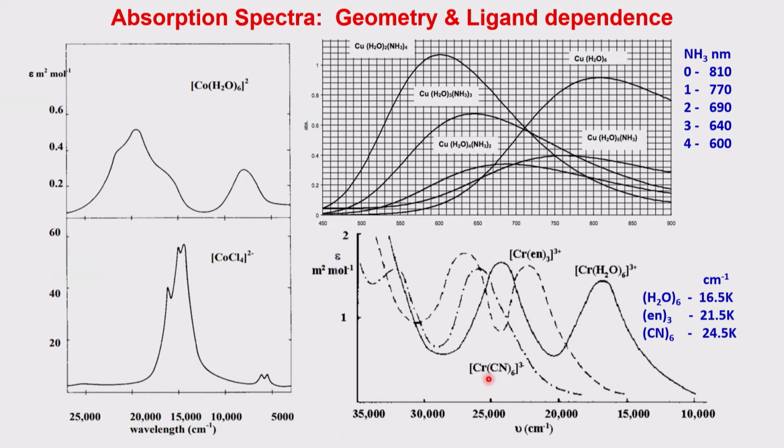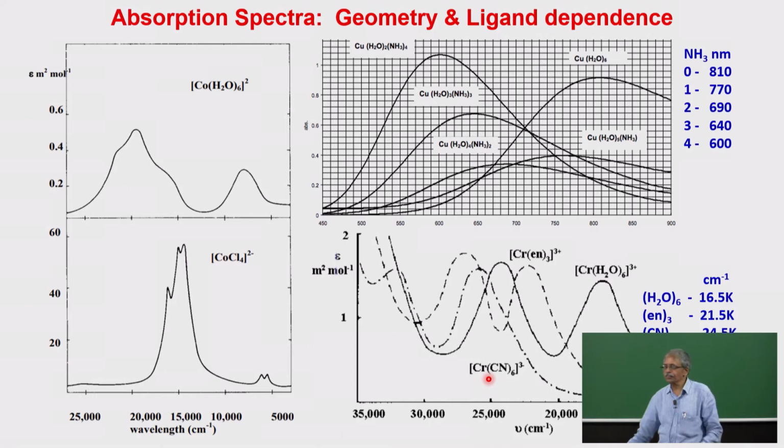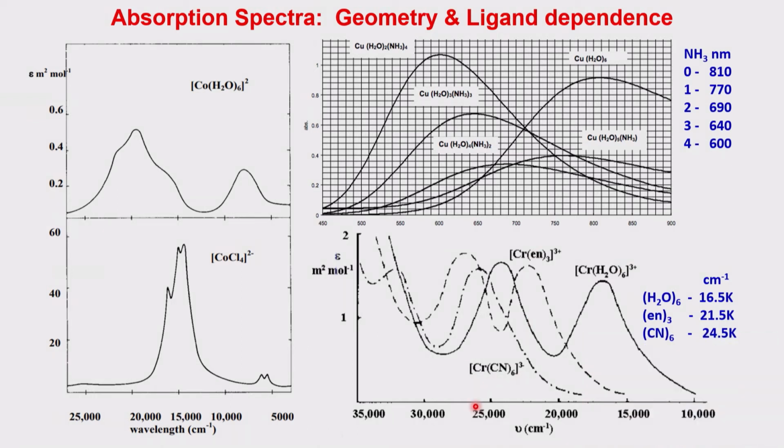So here again we have chromium 3 plus, the same D3 system, all hexacoordinated, therefore octahedral. Then the difference is the water replaced by ethylene diamine, replaced by the cyanide ligand.